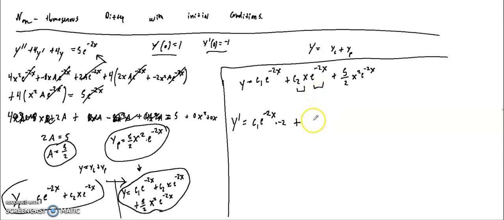So we'll find the derivative of the first, which is just a constant, times e to the negative 2x, times the second as is, plus the derivative of the second, so e to the negative 2x, times negative 2, times the second, c2x.